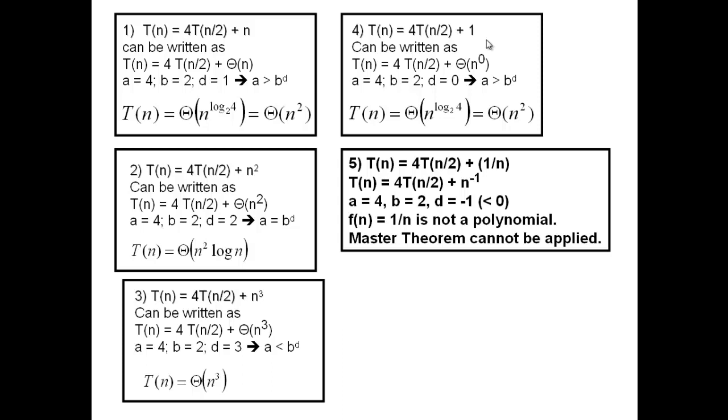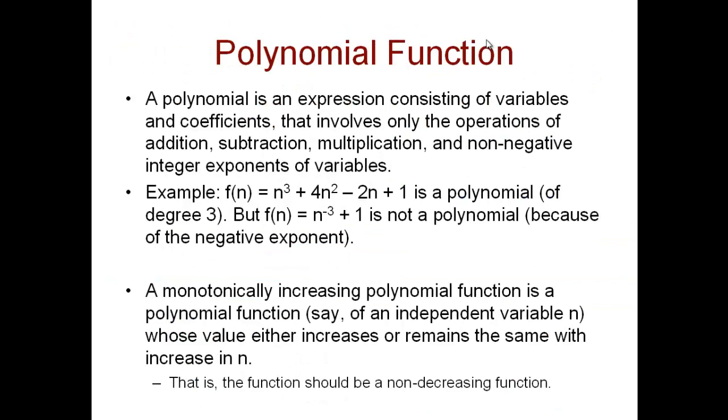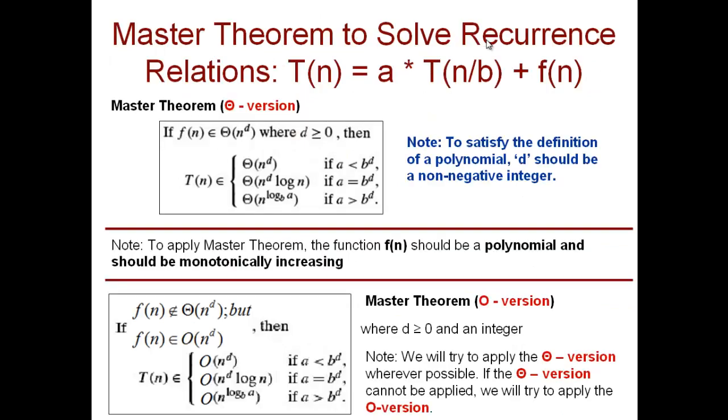b raised to d is 2 raised to 0 is 1. So comparing a and b raised to d, a is 4, b raised to d is 1. So the formula is, if a is greater than b raised to d, n to the power log a to the base b.